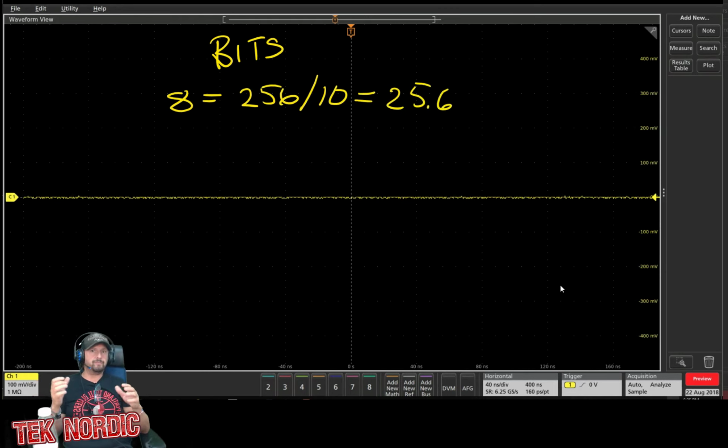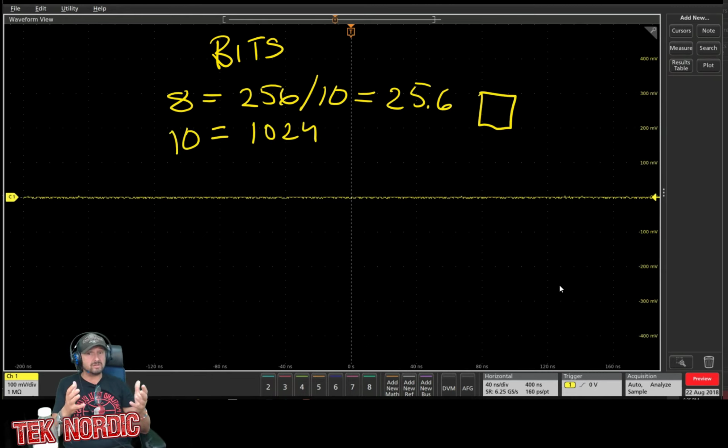But the 8-bit transforms into 256 quantization levels. And if you divide it by 10, as we have 10 divisions, each of these division lines will give us 25.6 discrete levels. And if you have 10 or 12 bits, you have more.